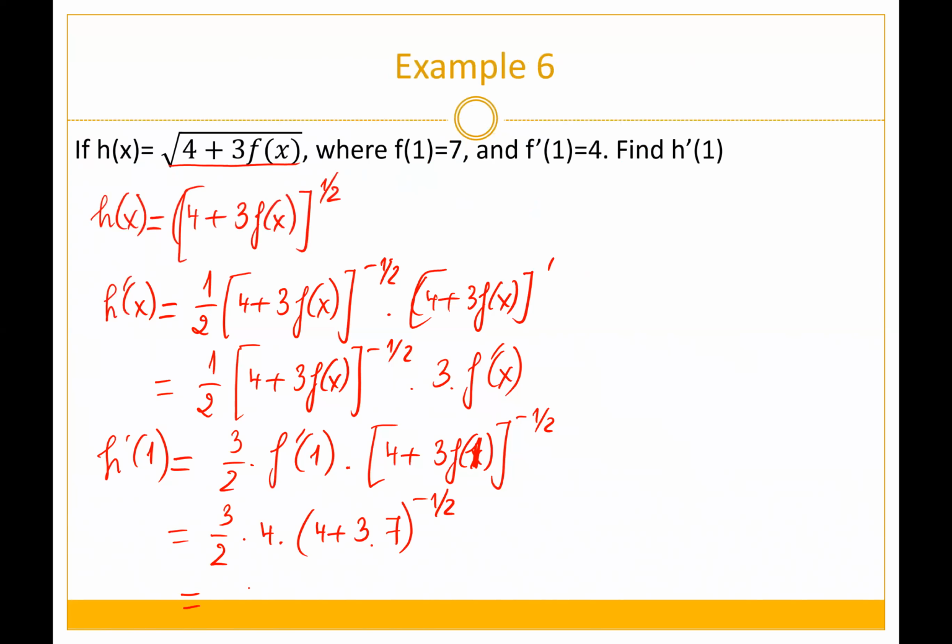And so it's going to equal 6 multiply, now this one is 1 over square root of 25. So it's going to be 6 over 5. And so this is my answer for this question.